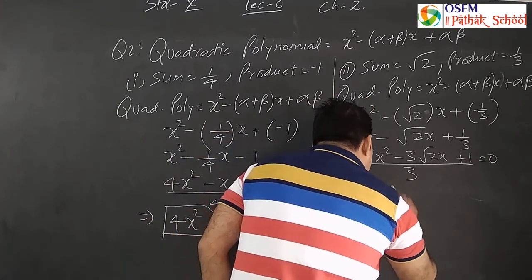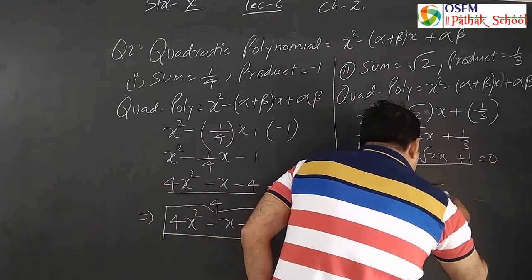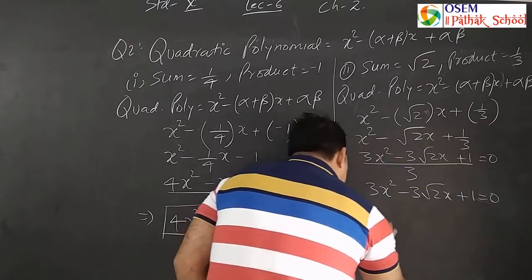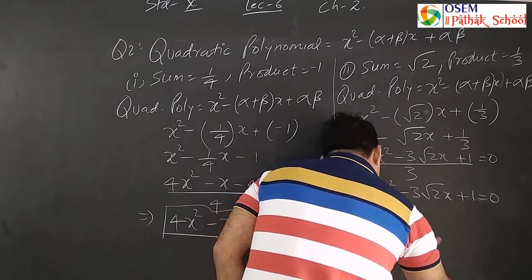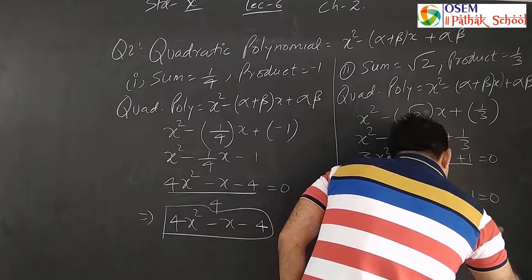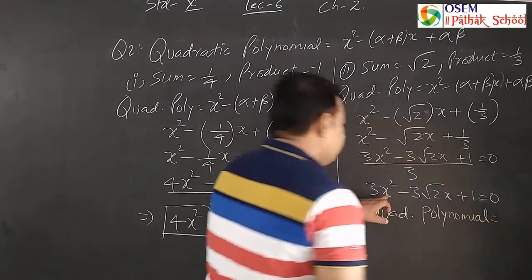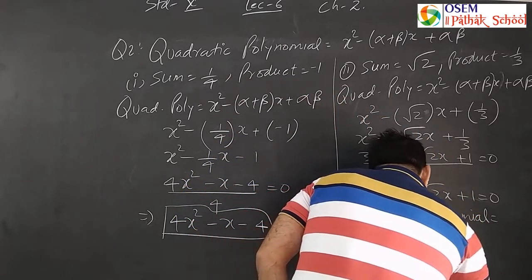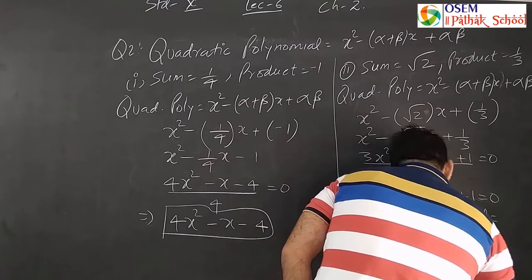So the quadratic polynomial is 3x square minus 3 root 2 x plus 1.